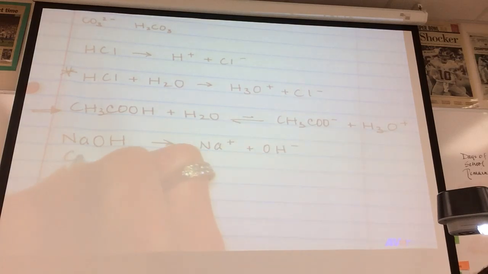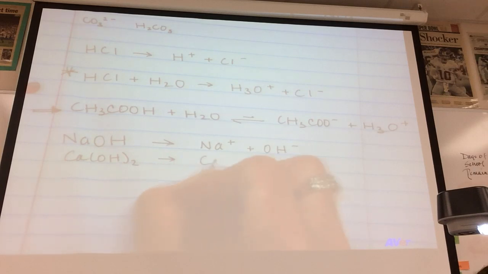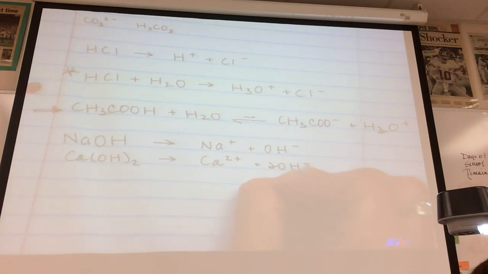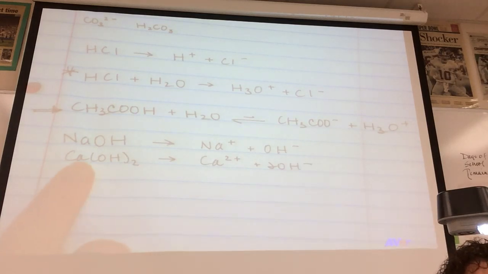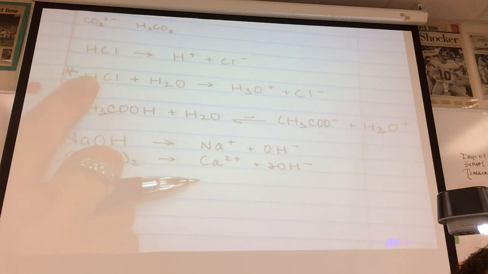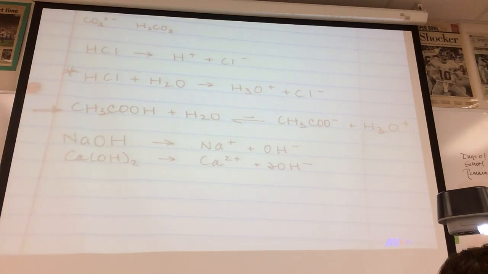Be careful with your 3 strong group 2 hydroxides because they will generate 2 hydroxide ions for every 1 base. For your strong acids, there's 1 diprotic acid. We'll talk about that later, but I'm not going to give you a problem like that because it'll be too tricky.